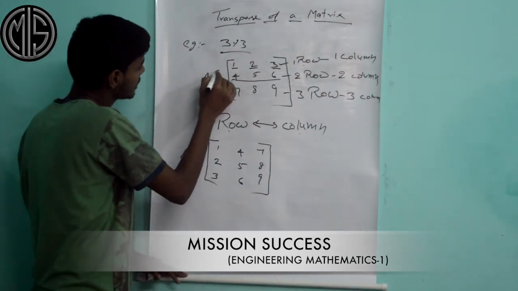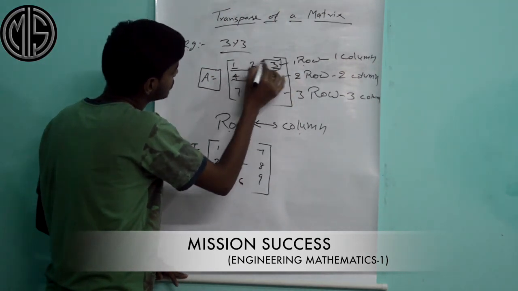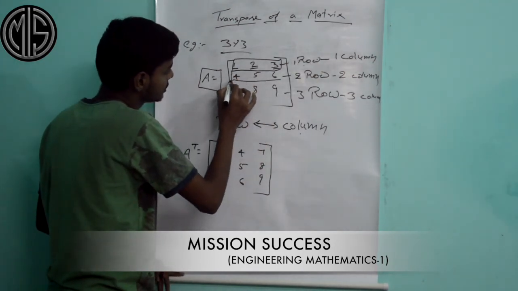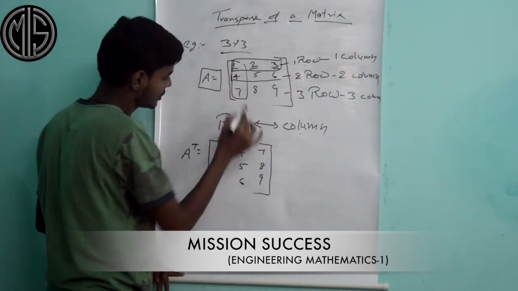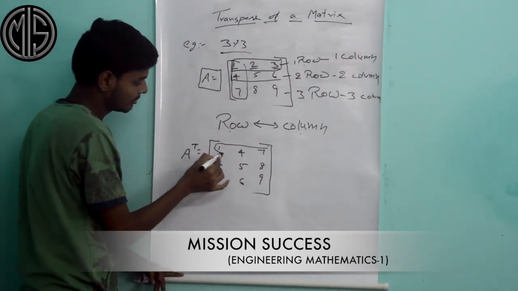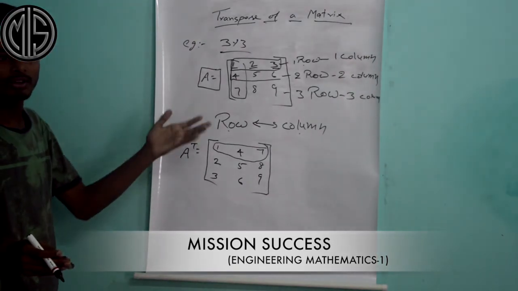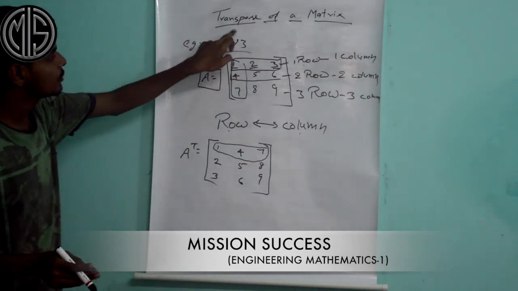We are converting this row into column and the column into row. It is nothing, it is only the interchange of row and column. It is called a transpose of a matrix.